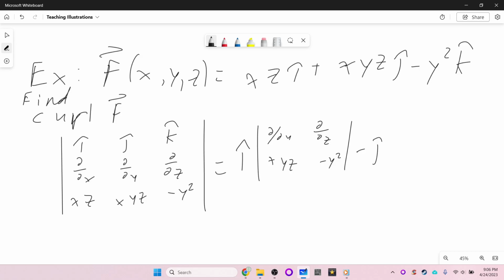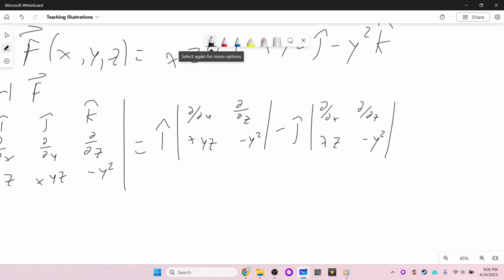Minus j hat, del x, del z, xz, negative y squared. Plus k hat, del y, del z.